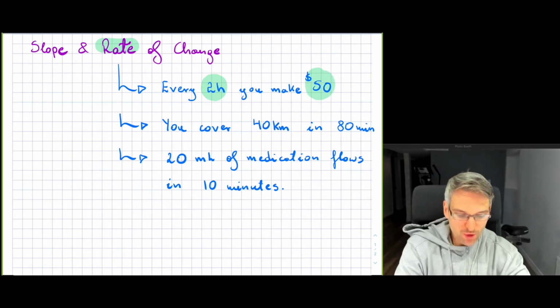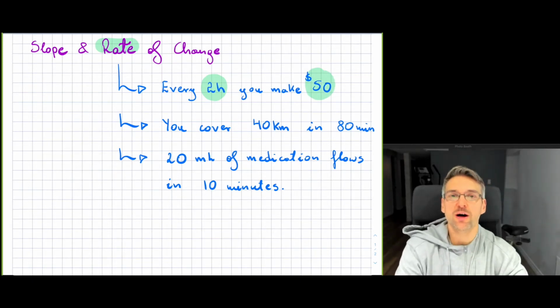So what are the two quantities that we're trying to connect? Well, 2 hours is basically time, and $50 is just the amount of money. Those are two things that we can measure, and that's what a quantity is. We can put a number on it, and typically it comes with some unit.